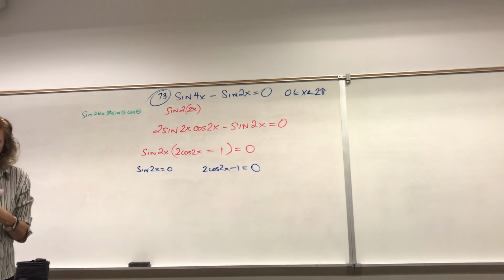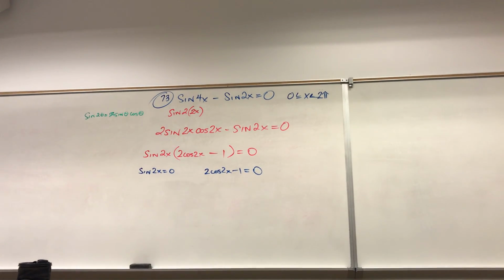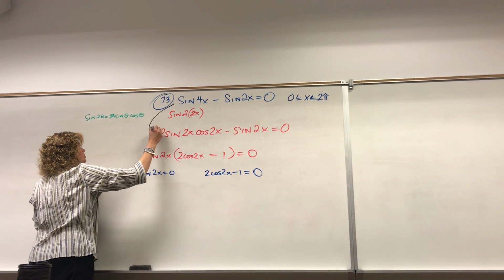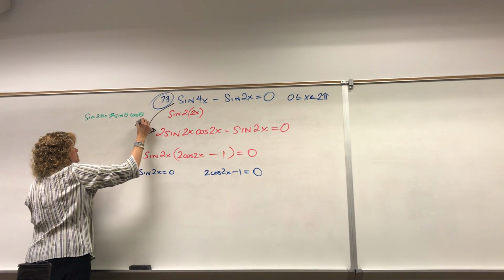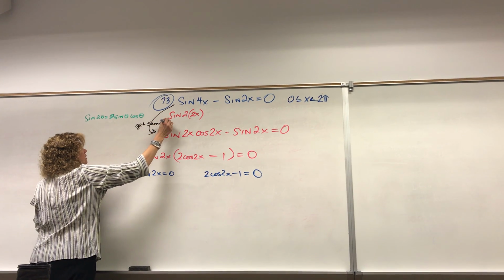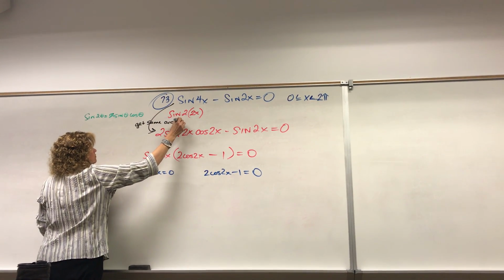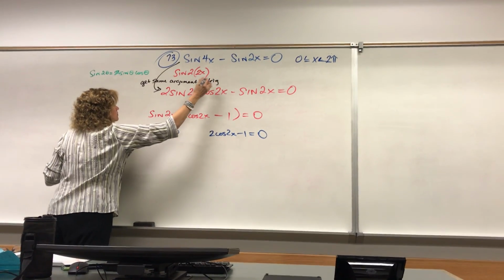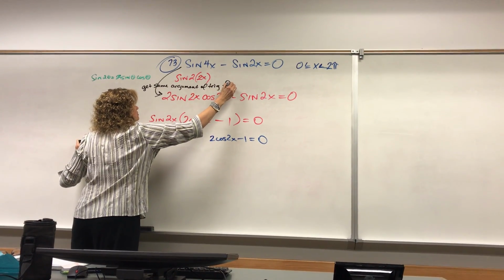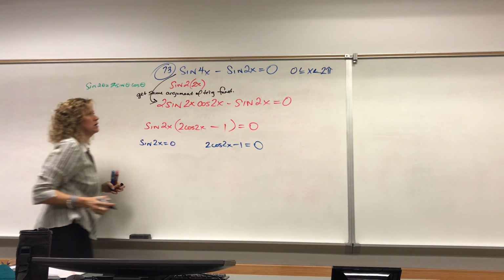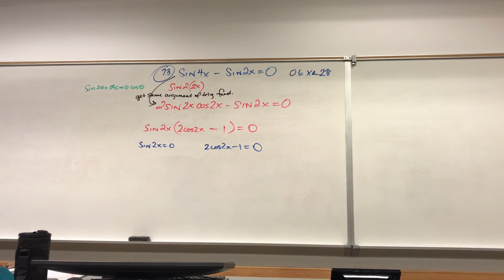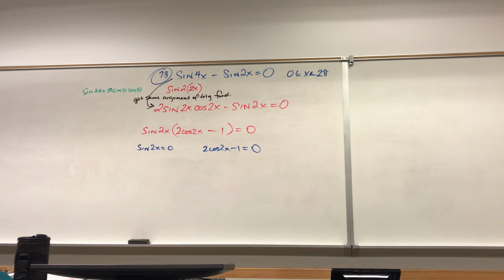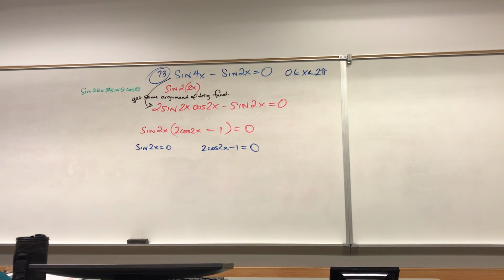Our whole thing in this transition was to get the same argument of the trig function. That was the whole problem. Sine of 4x, sine of 2x, can't have it. You're wishing it was sine to the 4th power, sine squared, but it's not.